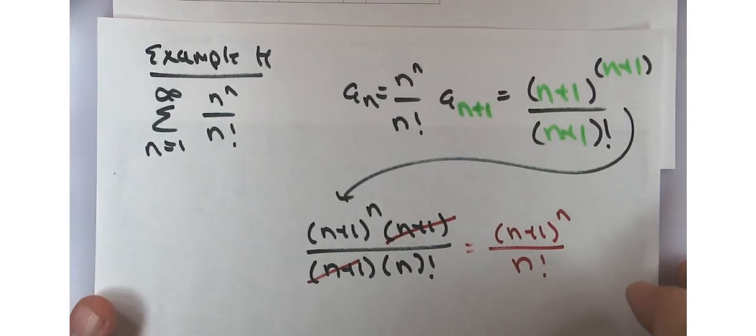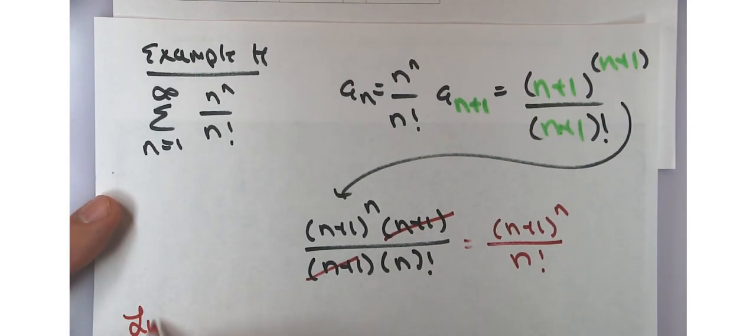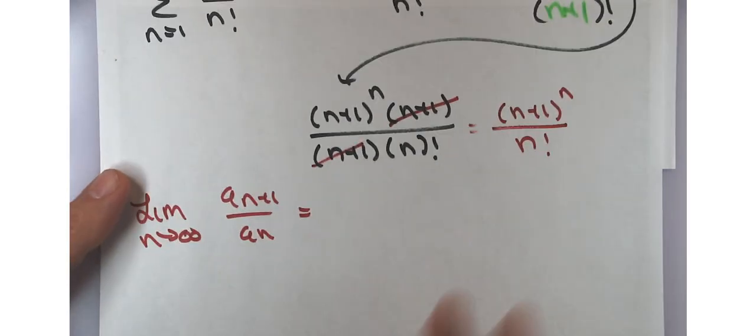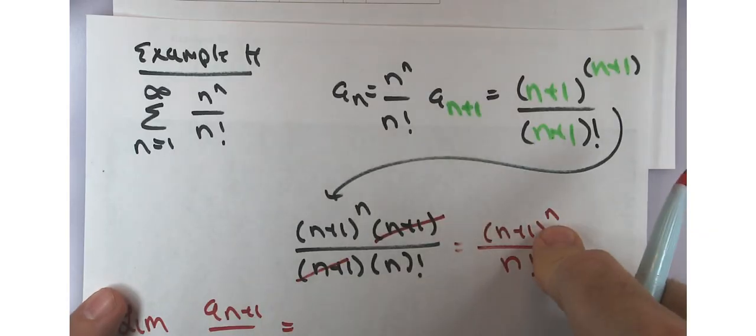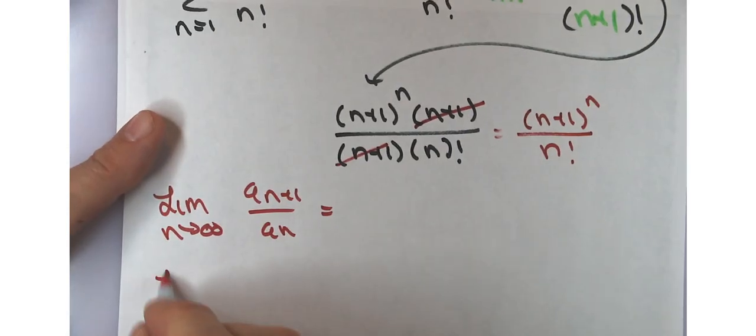Okay, let's apply the ratio test, which means we're going to calculate the limit as n approaches infinity of a sub n plus 1 over a sub n, which for us is going to be this term multiplied by the reciprocal of this term. So I'm going to step down a little bit here.